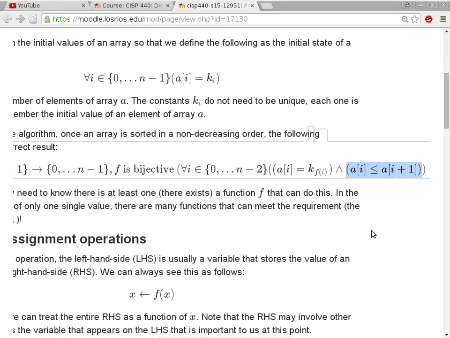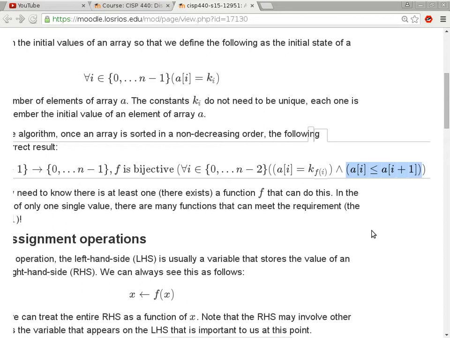In fact, I have 6 choices, because I can map 0 to 0, 1 to 1, and 2 to 2. That's one mapping that will work just fine. I can pick 0 to 1, 1 to 2, and 2 to 0. That will work as well. So I have many choices, but they are all bijective. And the requirement is you only have to say that there exists at least one mapping to make this work. There can be multiple, I don't care. You just need at least one.